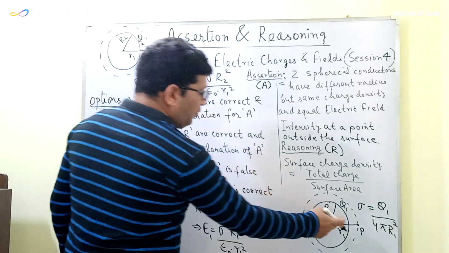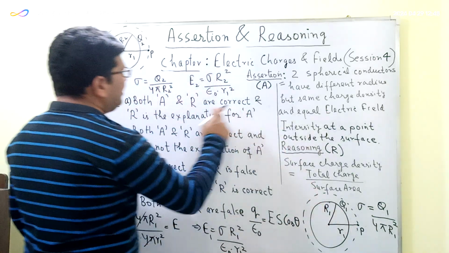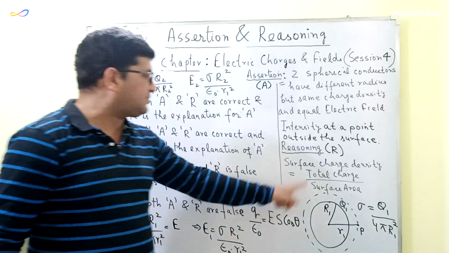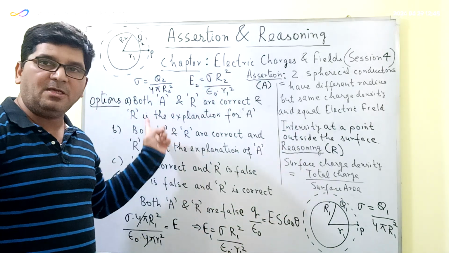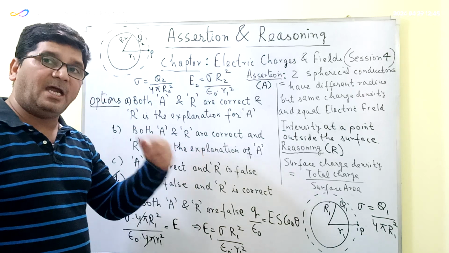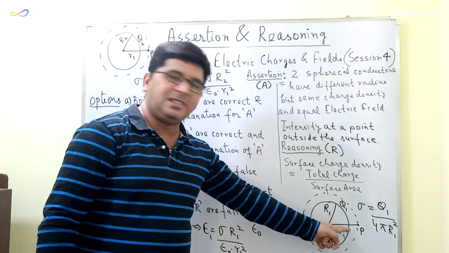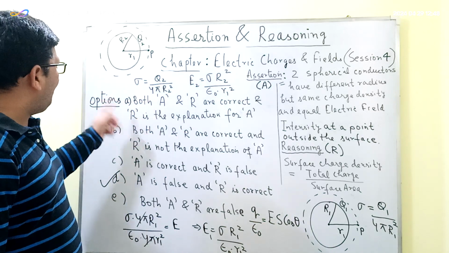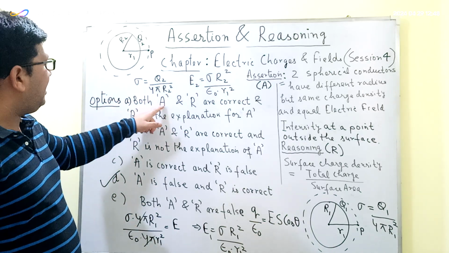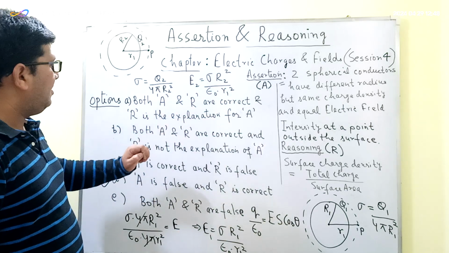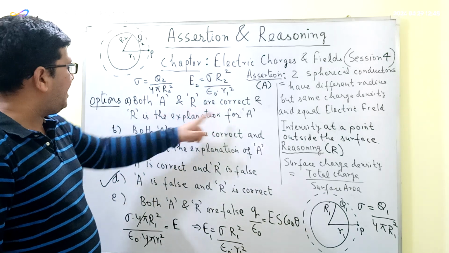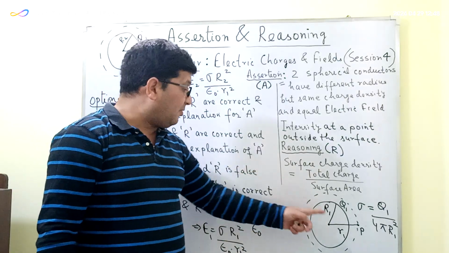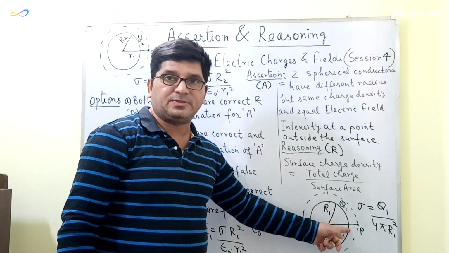So if the point is lying on the surface, then the value of the electric field intensity will be the same in both the spherical conductors. So if I am taking a point which is on the surface, then both A and R are correct, but R will not be the correct explanation for A. This is when the point is lying on the surface.